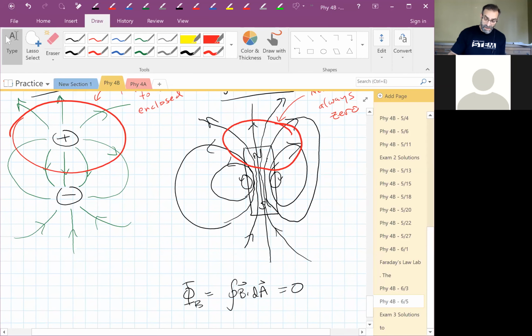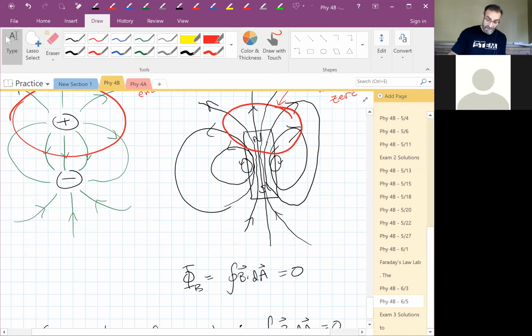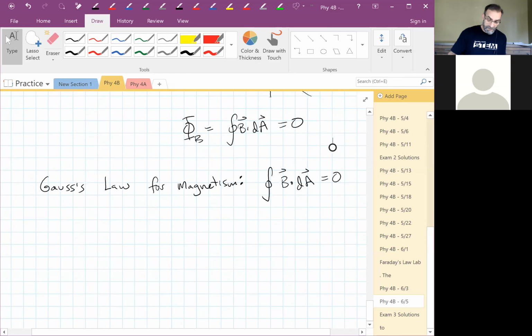But for everyone going out, the important point here, for everyone going out, there's one going in the other side, right? There's a pair. They all pair up. Gauss's law for magnetism.